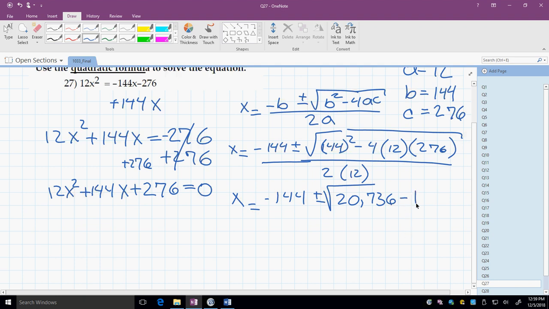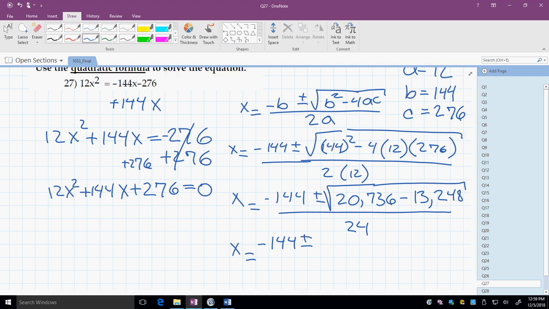And they give me negative 13,248. So negative 144 plus minus. Now I'm going to subtract the inside of the square root. 7,488. Everything over 24.